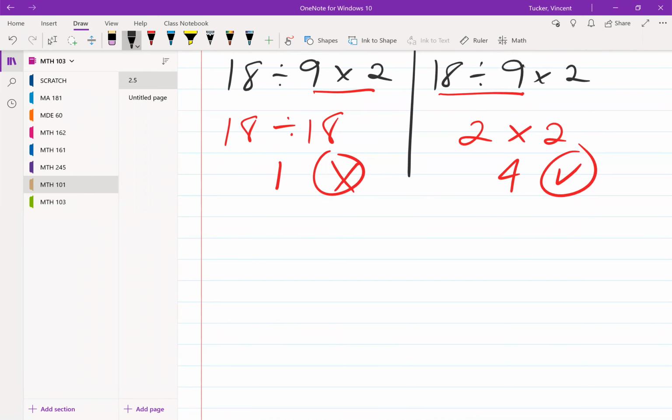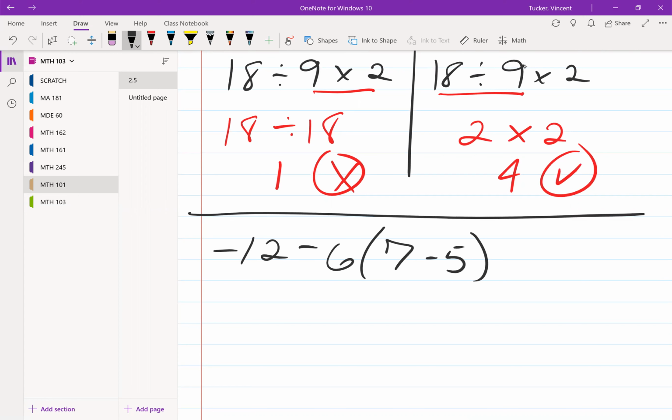All right, so let's try another one. So here we have negative 12 minus 6 times the quantity of 7 minus 5. So first thing we do is parentheses. What's in our parentheses, which is 7 minus 5?